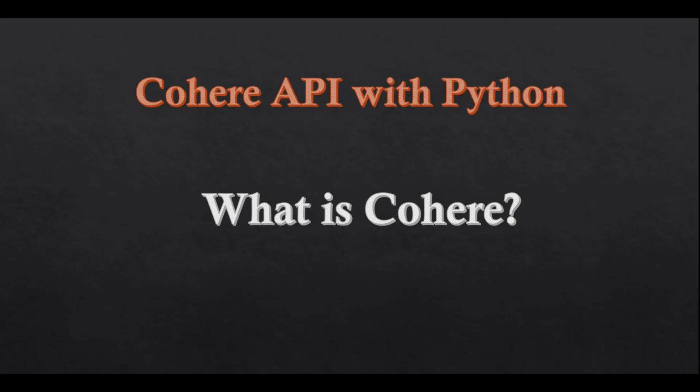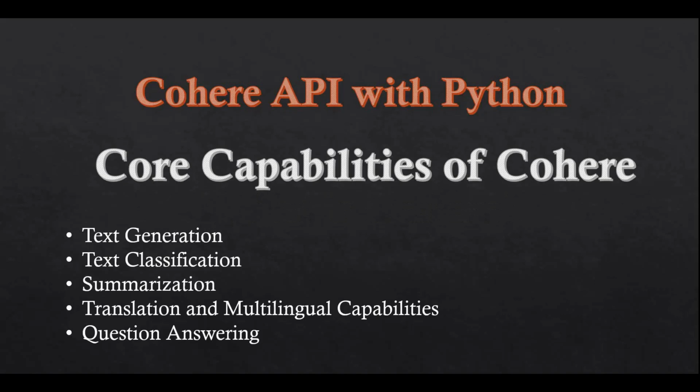Now let's talk about the core capabilities of Cohere. The first one is text generation. Cohere can generate coherent and contextually accurate text based on input prompts. Text classification: it's used for classifying text into predefined categories like spam detection, sentiment analysis, and many more.